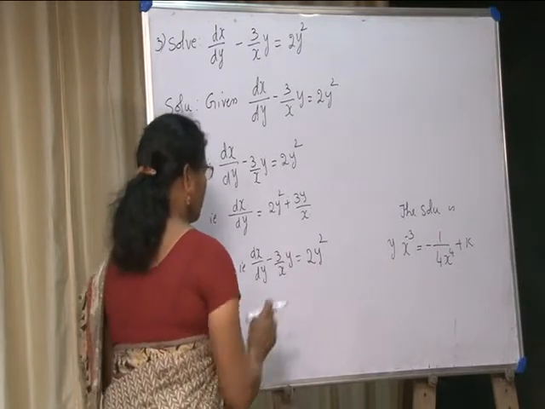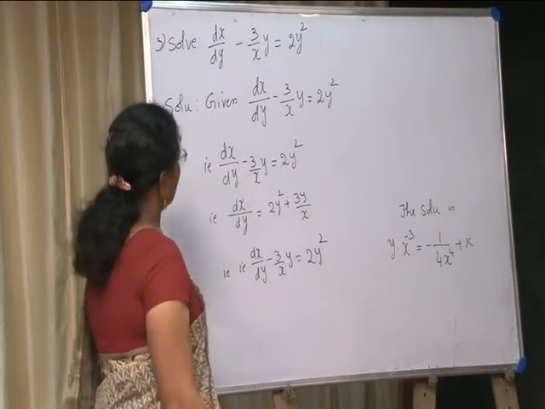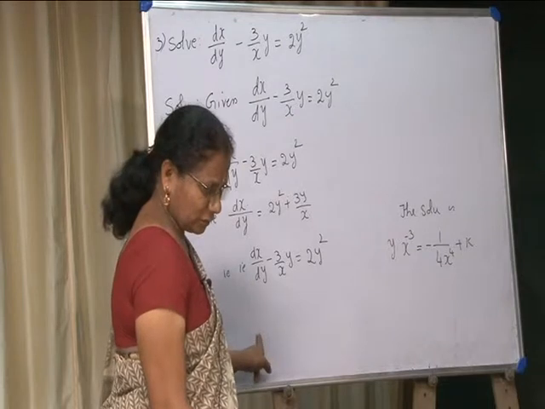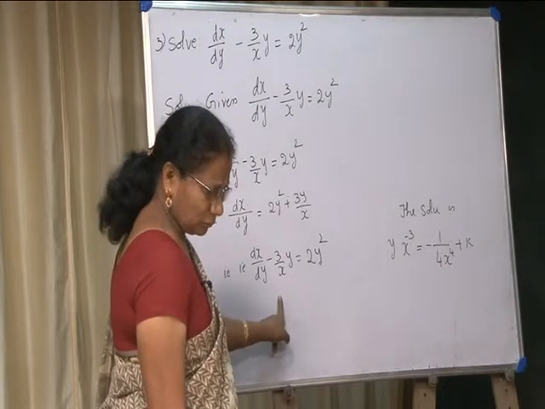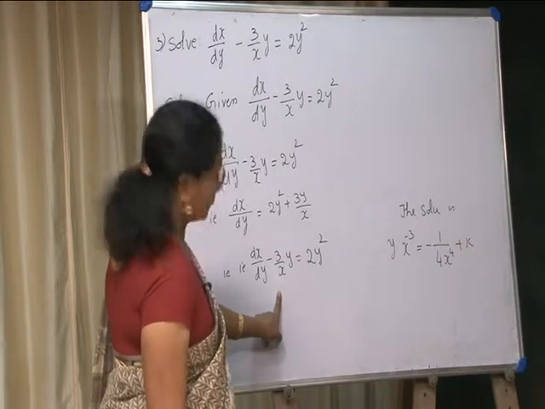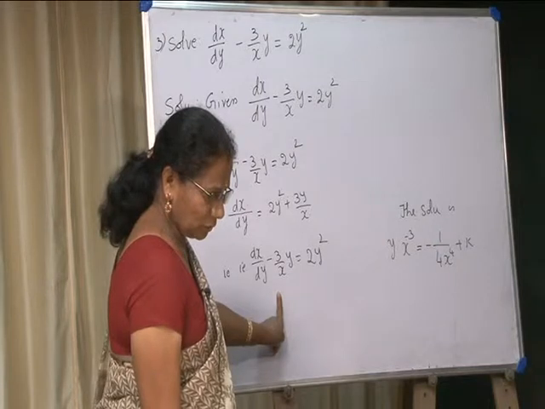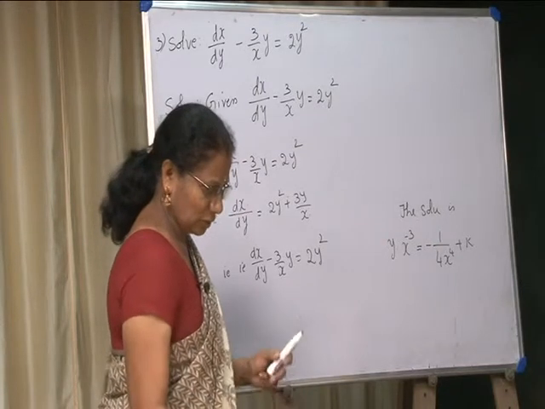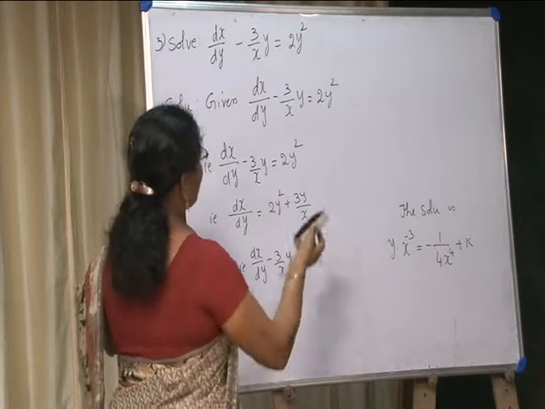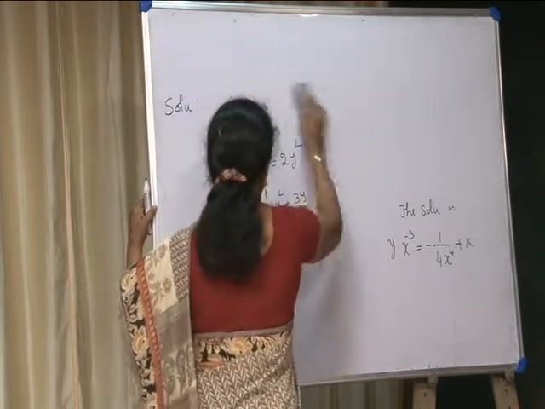That can be written as dx by dy equals 2y squared x plus 3y divided by x. Actually this must be x to the power of minus 1 divided by y squared. Sorry, here two problems are mixed, that's why I am getting like this. Just I will change this one.